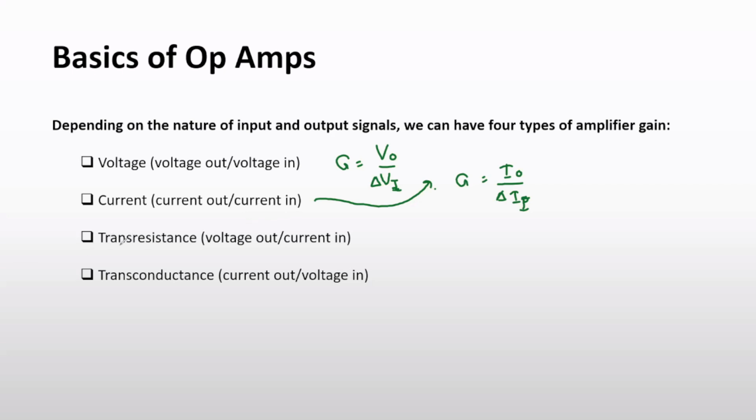And there are another two types, transresistance and transconductance. In transresistance, according to the current input, it gives a voltage out, and in transconductance, it gives a current out according to a voltage input. Normally you can remember this one because of the resistance in transresistance. So you know the term V equals IR.